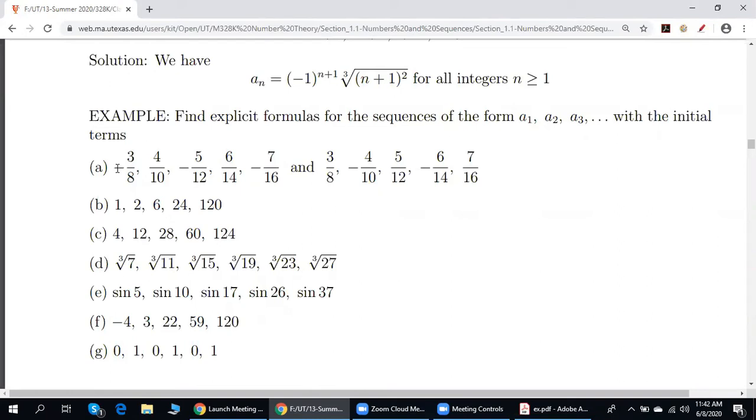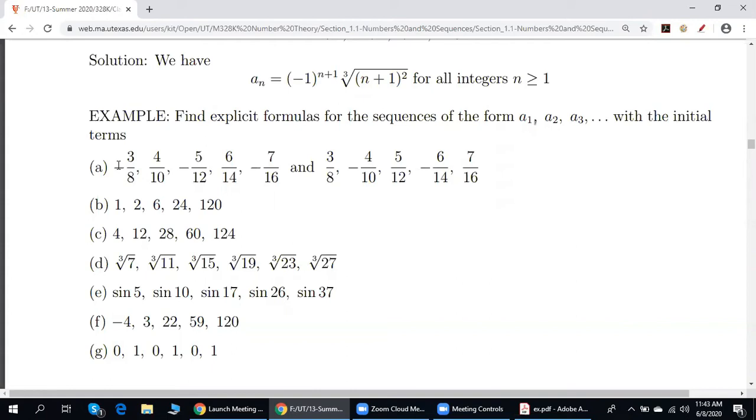When you create your general formula, you raise -1 to which power in order to generate all these numbers? K plus 1, because I started with k equals 0. Oh, I see.